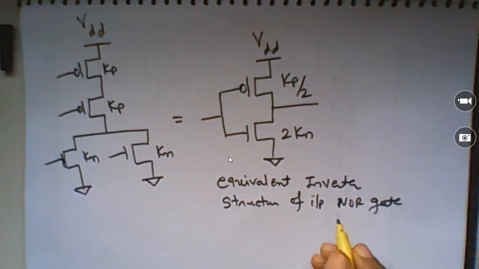Now let's see its transient analysis. The transient analysis of the 2 input NOR gate implementation using the CMOS inverter.